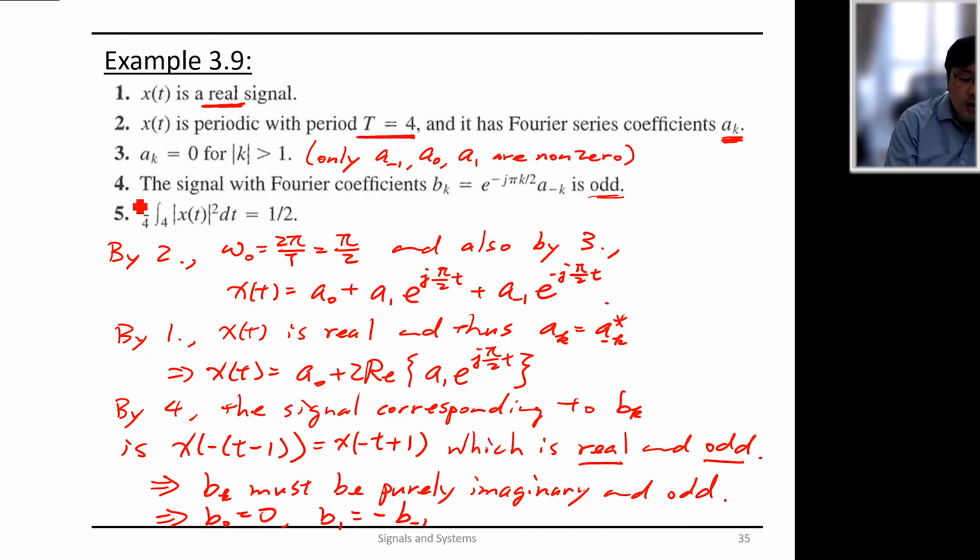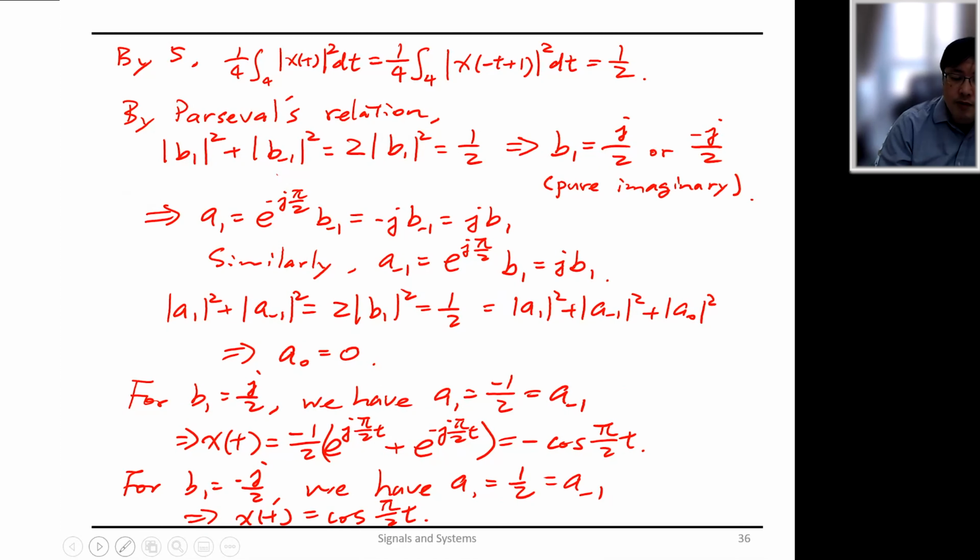Now next, we still need to apply this last property, which is saying that the average power over one period is 1/2. By Parseval's theorem, we know that this 1/2 should be equal to the sum of the Fourier series coefficients of b, and also should be the sum of the Fourier series coefficients of a.